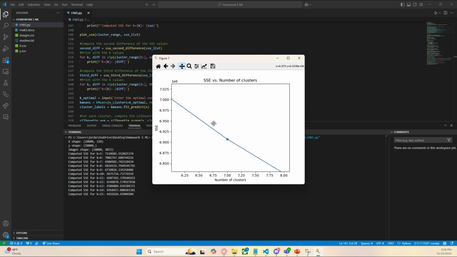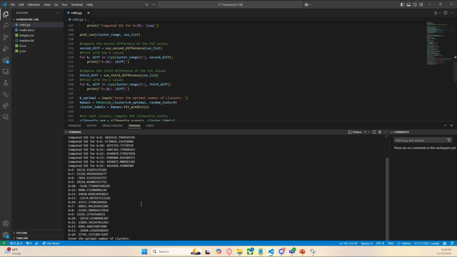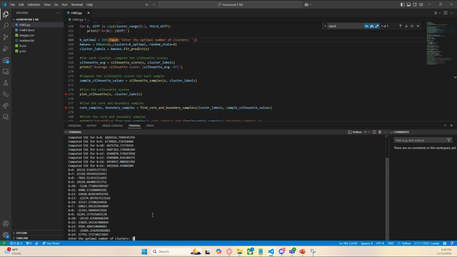So from there, that's the bend, and it continues to decrease, but as it goes on, it's just slowly slanting more. So you enter the optimal number of clusters. We'll go with 5 because that's what I initially chose.